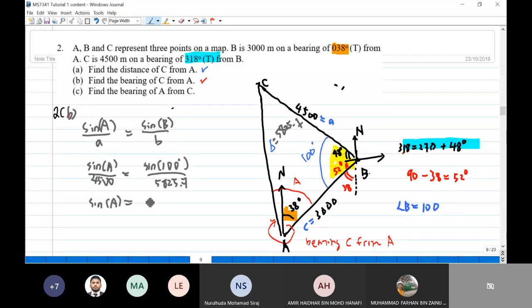From here you can find out what sine A is. Sine A is equal to 4500 times sine 100, then divided by 5825.7.